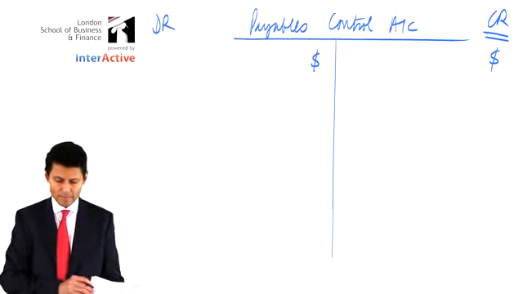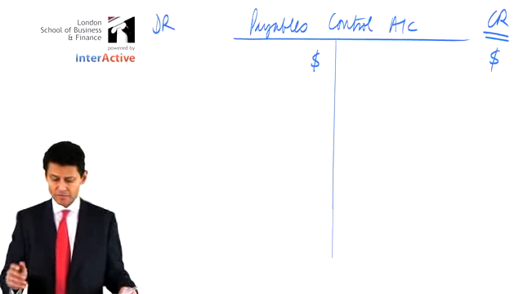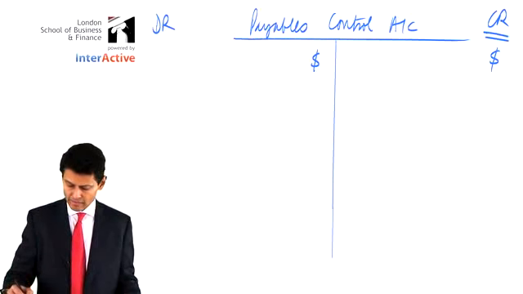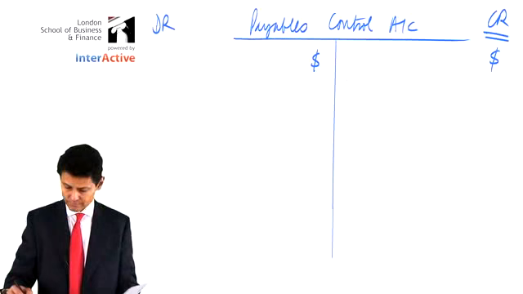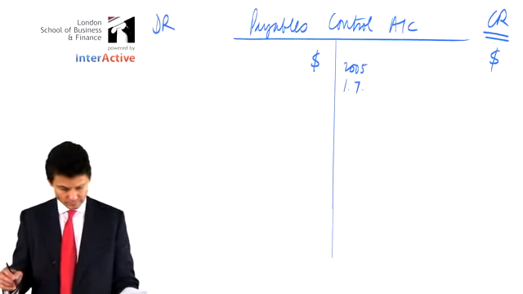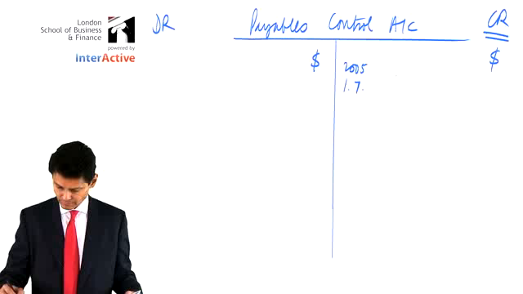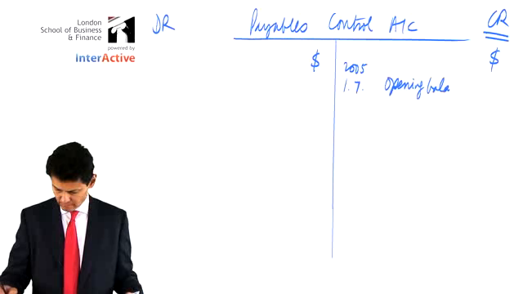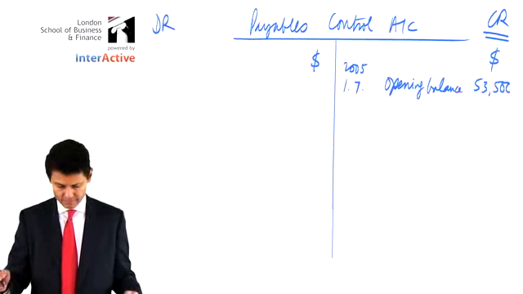Looking at the question proper, I can see some opening balances of 53,500. So I'll start with that. The 1st of July 2005 or whatever it is. The opening balance then is 53,500.